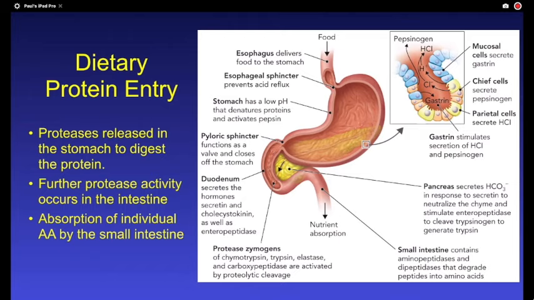It comes down into the stomach, and you know the stomach has a very low pH, which can help hydrolyze the protein. Although the pH, even though it's very, very acidic, the protein doesn't stay inside the stomach long enough just for the acidic nature of that compartment to degrade the protein completely.